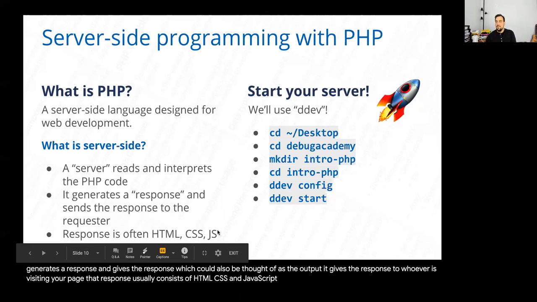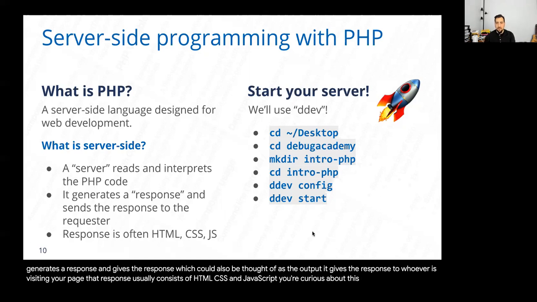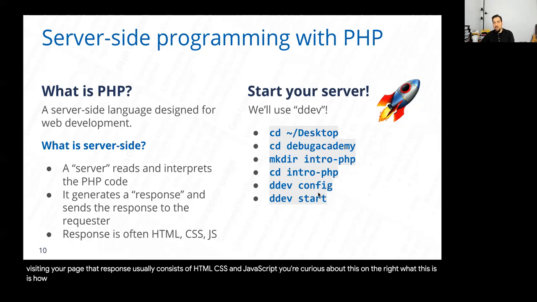And if you're curious about this on the right, this is how you would create a PHP environment if you had Docker and ddev installed on your computer. Again, I mentioned today I would be using MAMP.